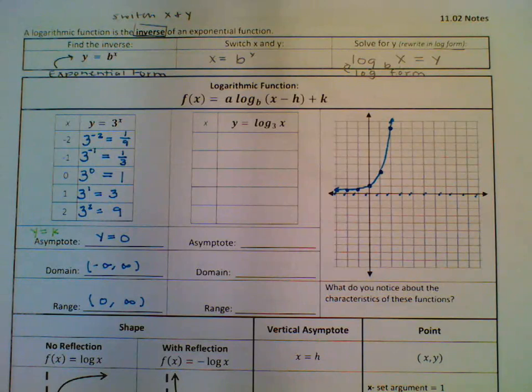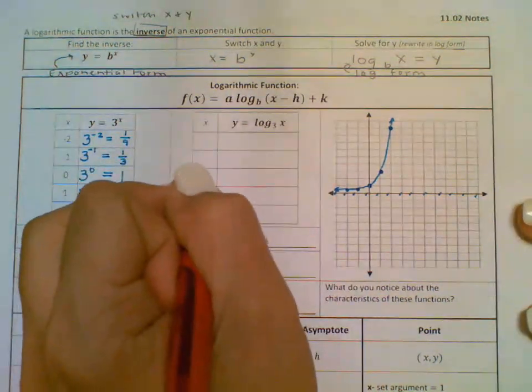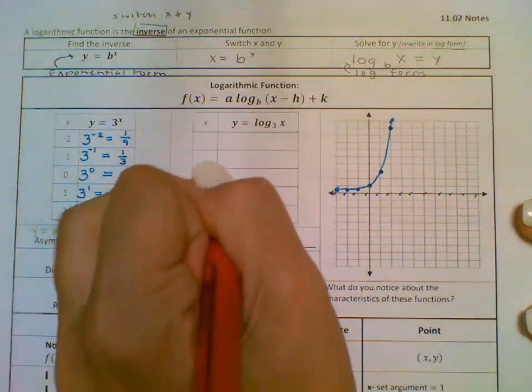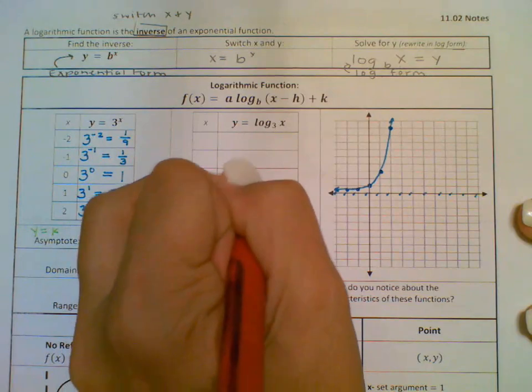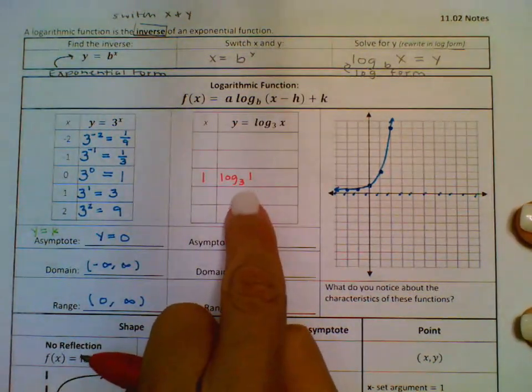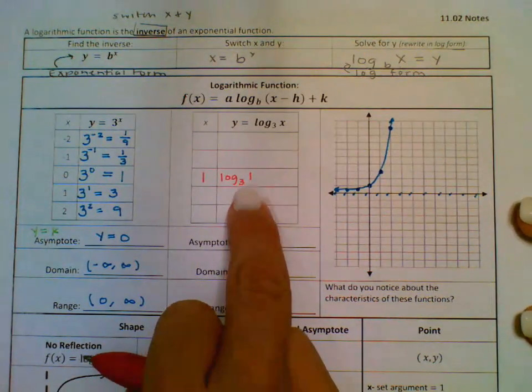When I do a log function, we will be switching x and y. The easiest argument when I find a point for a log function is to plug in 1 for the argument. If I plug in 1, I get log base 3 of 1. And I have to think, what exponent turns a base into a 1?